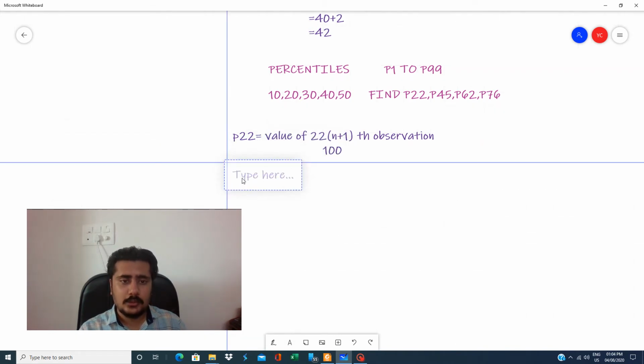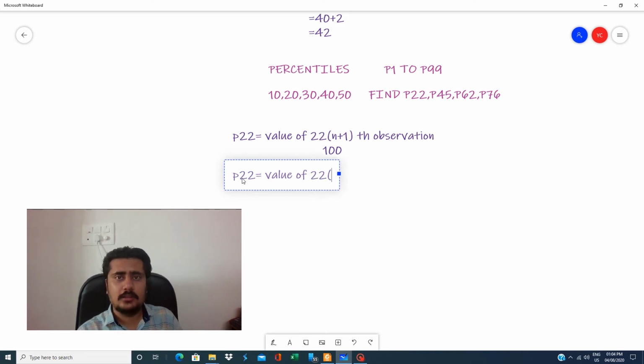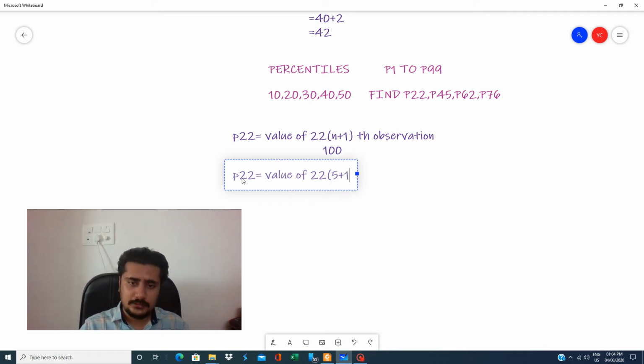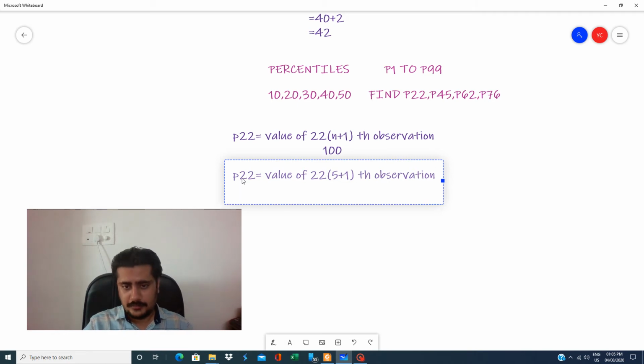Okay. So now how we will be solving it? P22 is equal to value of. Now what is your n? Okay, we have taken a small sequence. So it's 10, 20, 30, 40, 50. So n is 5. So 5 plus 1, 6, upon 100.